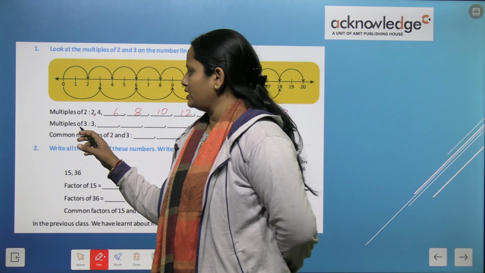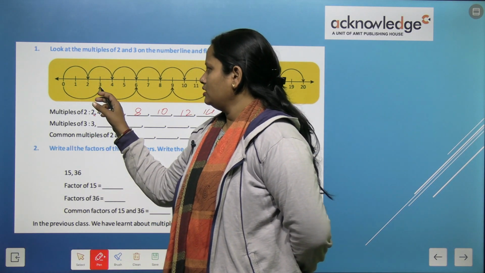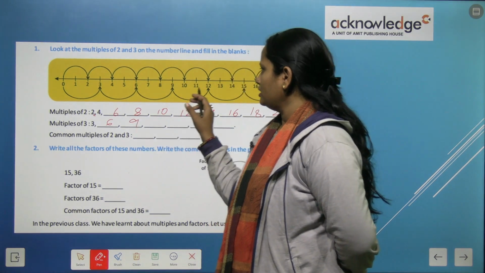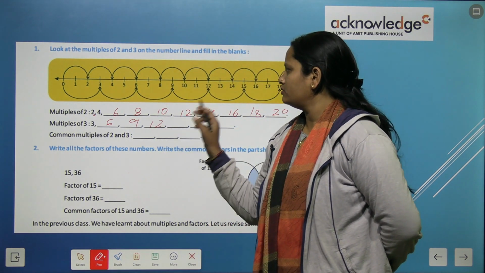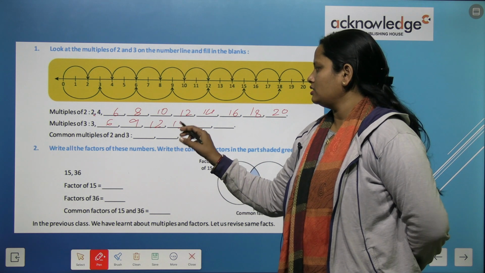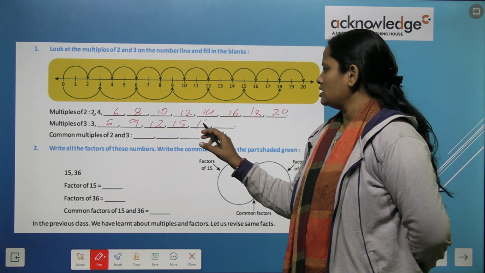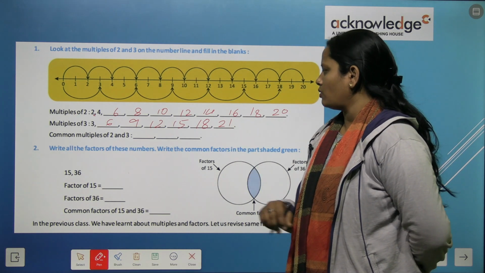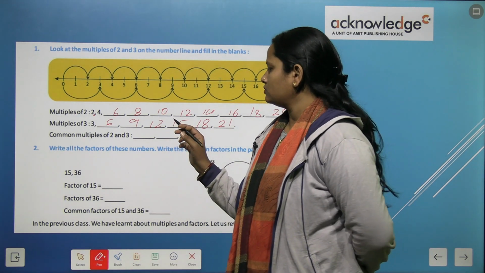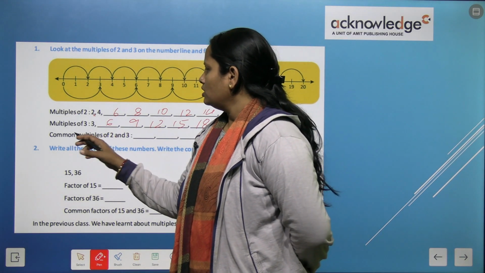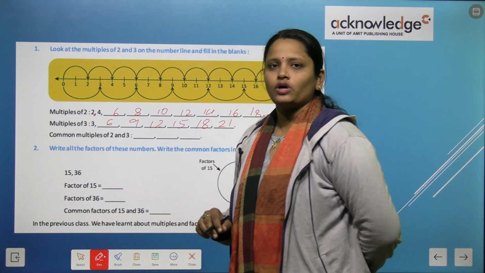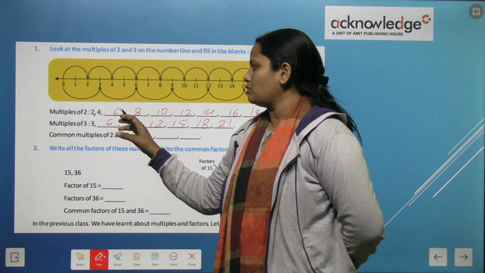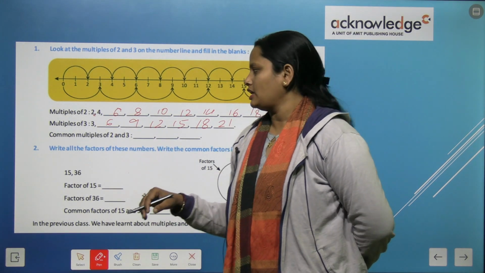Similarly, here let's see the multiples of 3 are 3, then 6, 9, 12, 15, 18 and 21. Now, common multiples of 2 and 3. वो multiples हमें find out करने हैं जो 2 की टेबल में भी है और 3 की टेबल में भी है.